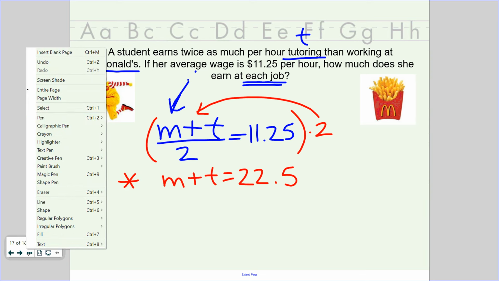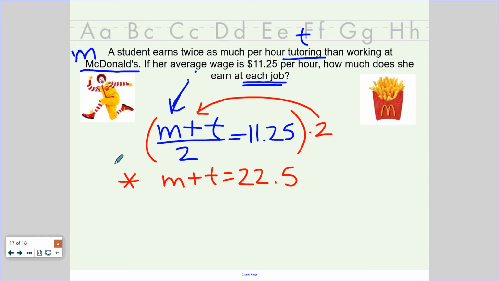The other piece of information you were given is that she earns twice as much per hour tutoring than working at McDonald's. One common mistake in this problem is because the way this is worded, students will say 2t equals m, which means if I'm going to read it out, 2 times her tutoring wage is her McDonald's wage.